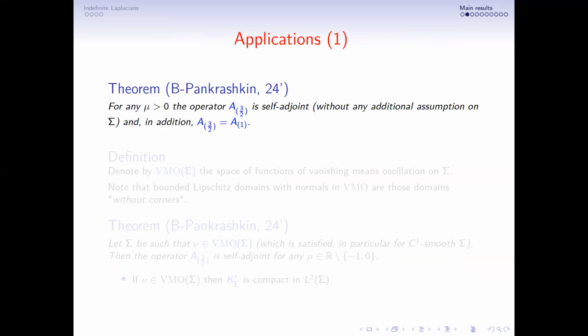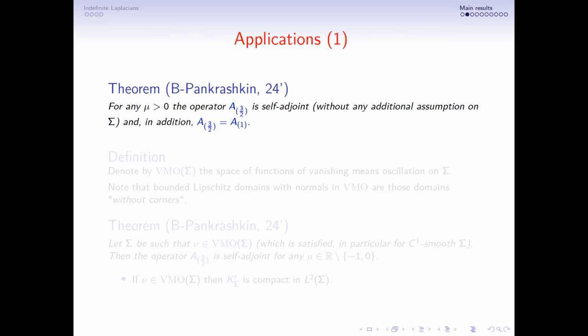The first application, which is obvious of course, is for positive parameters, that is the sign-definite case. Then A with regularity 3/2 is self-adjoint, without any assumption on sigma.